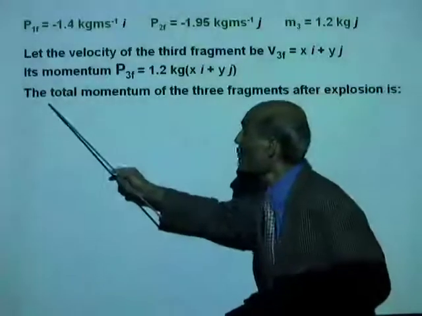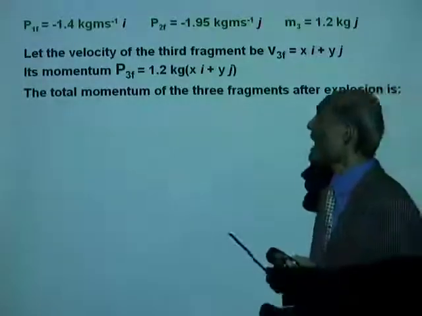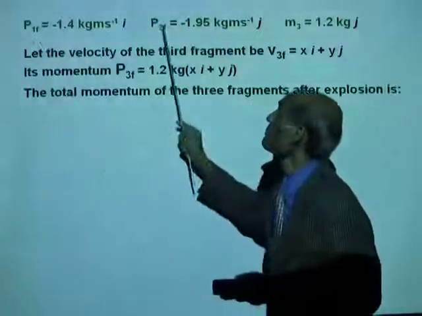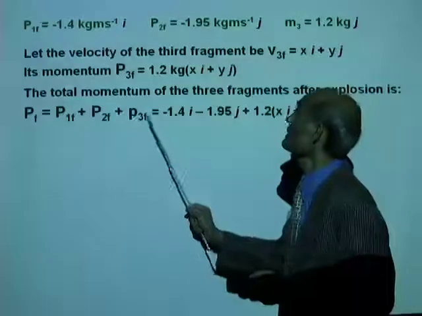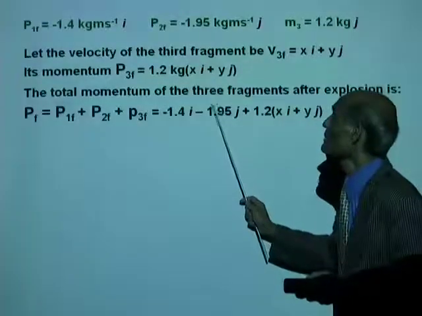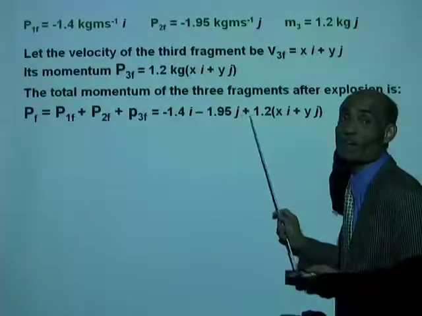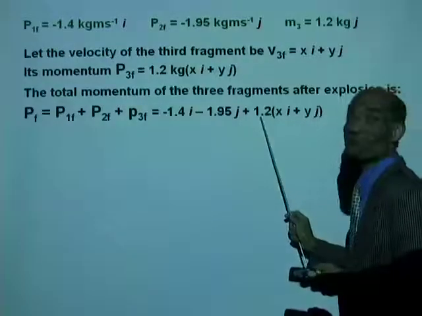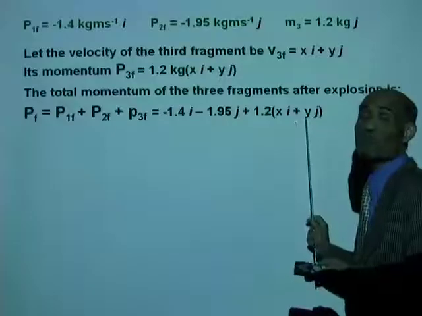Now, what is therefore the total momentum of the three fragments after explosion? It will be P1f plus P2f plus P3f. This is P1f, negative 1.4. This is P2f, negative 1.95. Plus, this is P3f, mass of the third fragment, times its velocity in the component form.